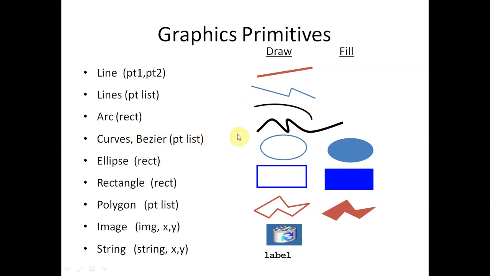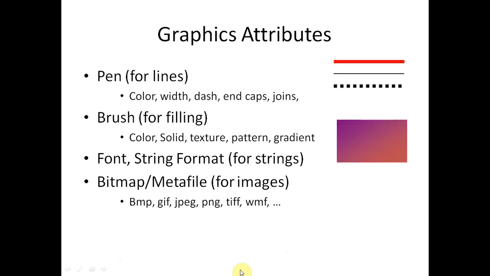We have to write different point lists, because it is drawn from different locations. And these are the ellipse, filled ellipse and blank ellipse. These are the different rectangles. This is the filled rectangle. This is the polygon, with the filled polygon also here. And we can draw an image, and this is a label, or we can say a string. DrawString will be used for that.